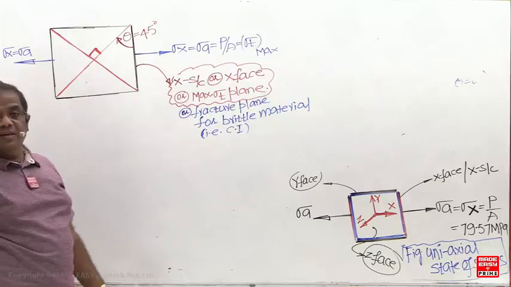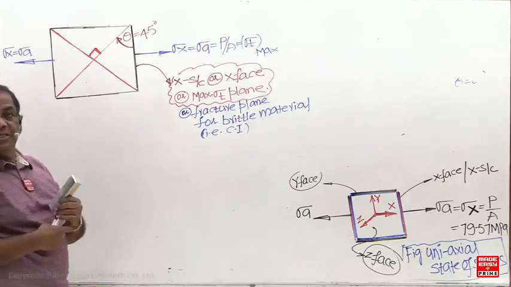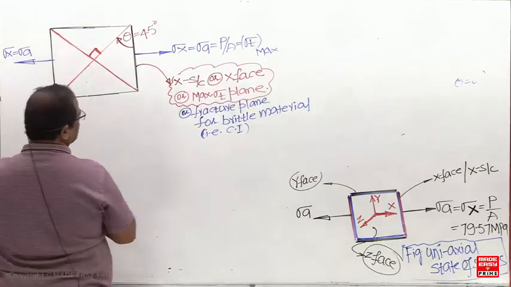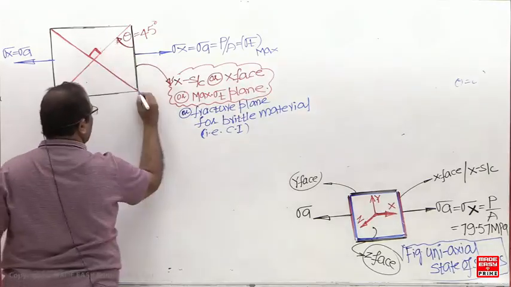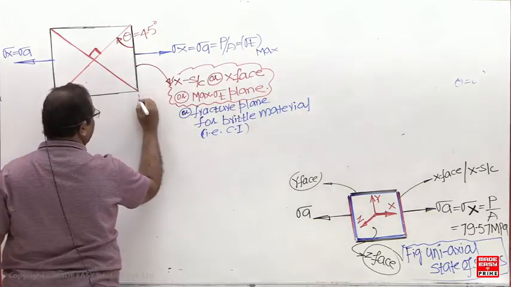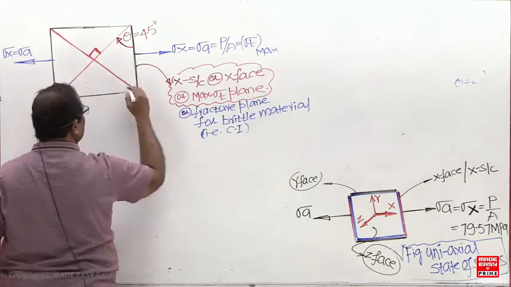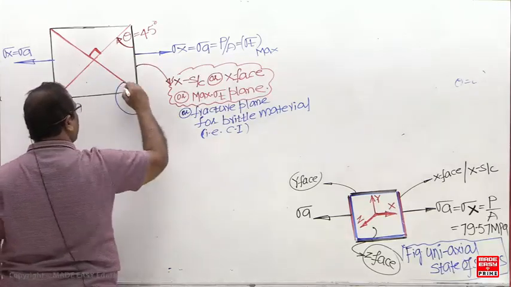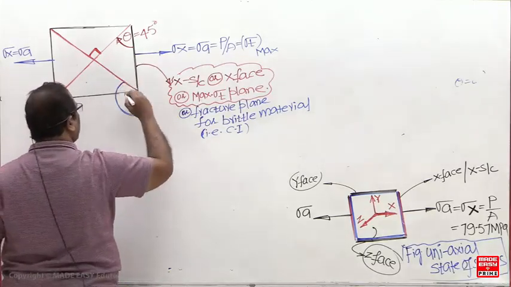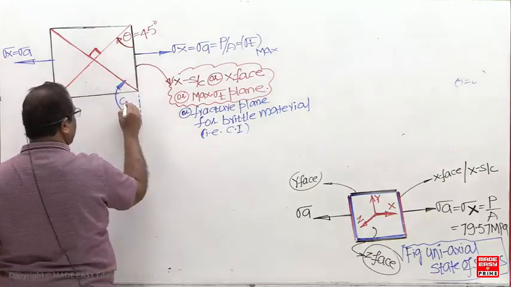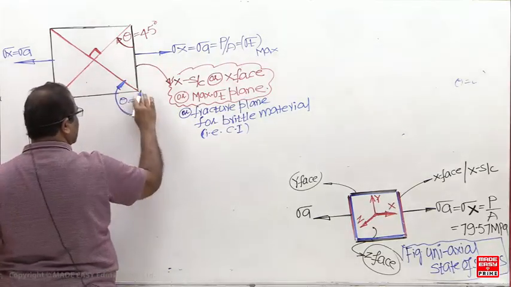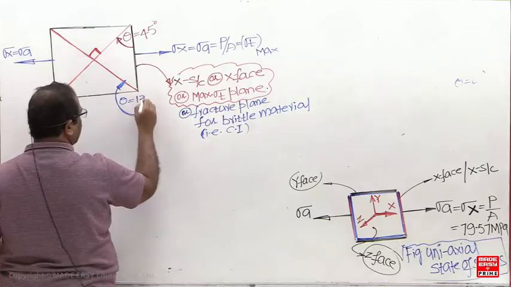Sir, 45. It is 135. Sir, how are we getting 135? Theta should be measured from the x face, clockwise. In our case, theta is always measured from the x face clockwise. What is this value? 135.